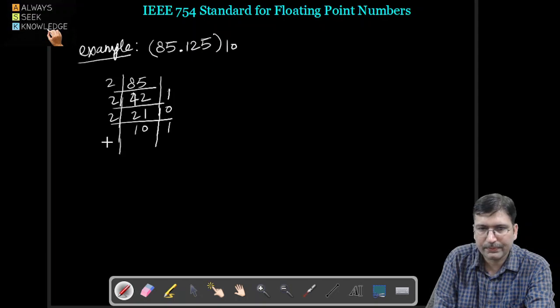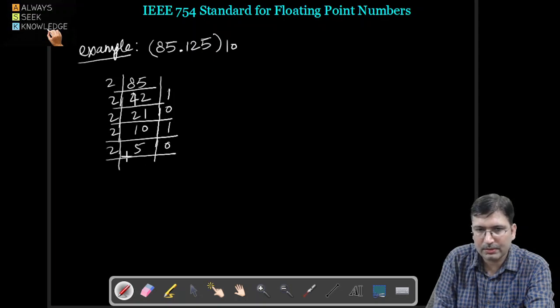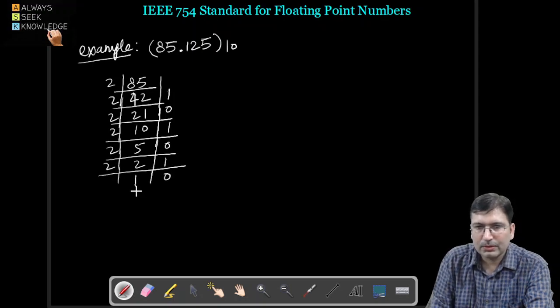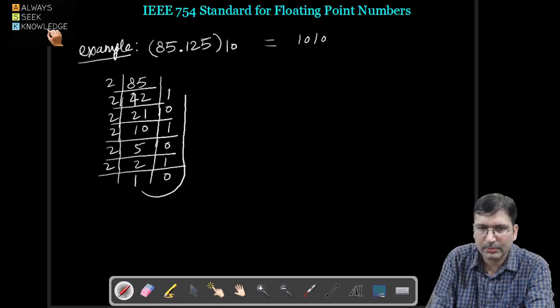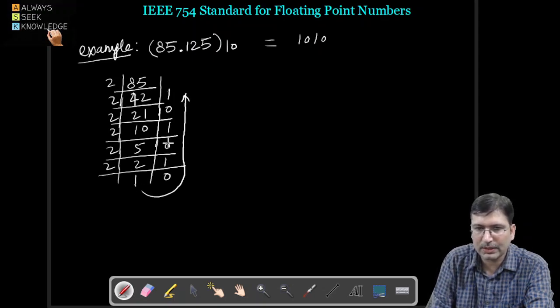If you divide again, you get 5, and the remainder will be 0. Divide by 2, you get 2, and the remainder is 1. Then again we divide, so 1, and the remainder is 0. So we will get 1 0 1 0 1 0 1. This integer part in binary will be represented as 1 0 1 0 1 0 1.